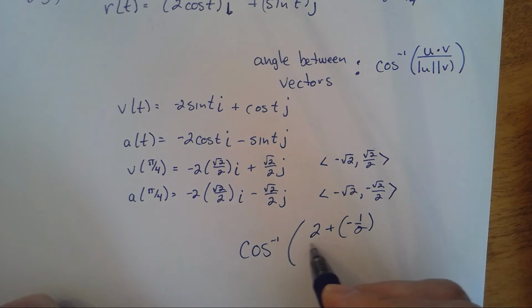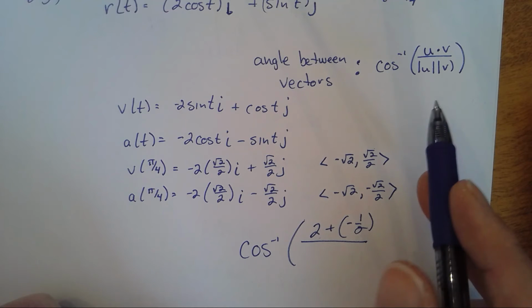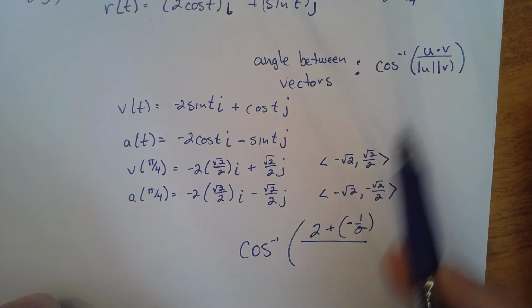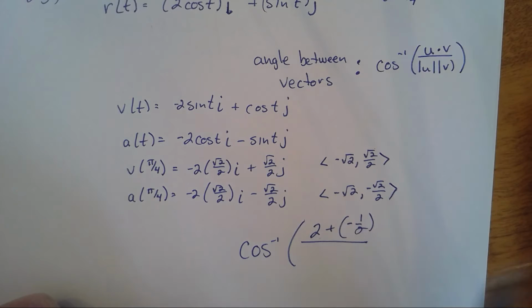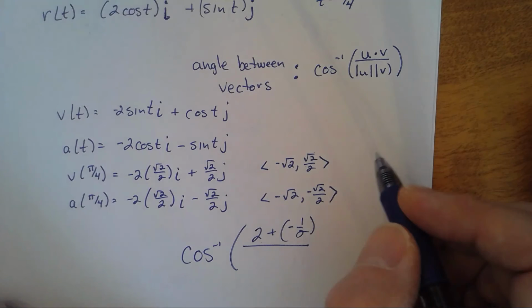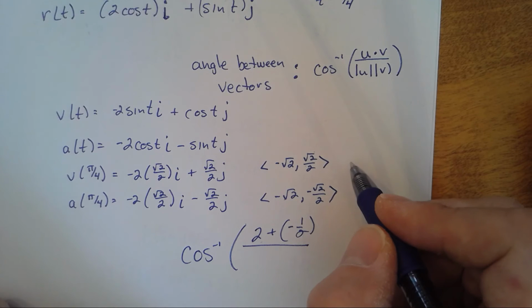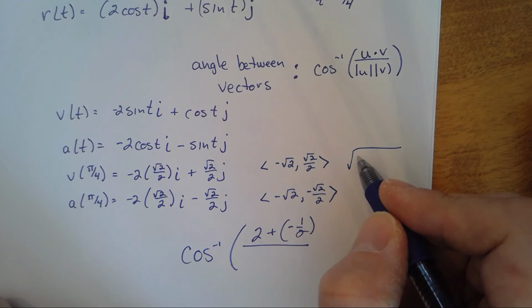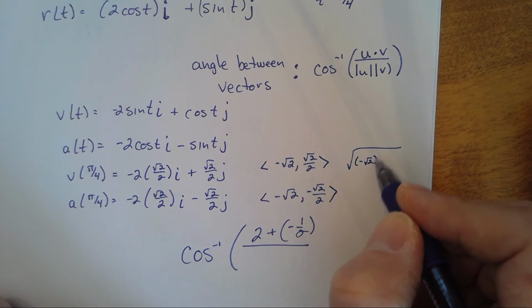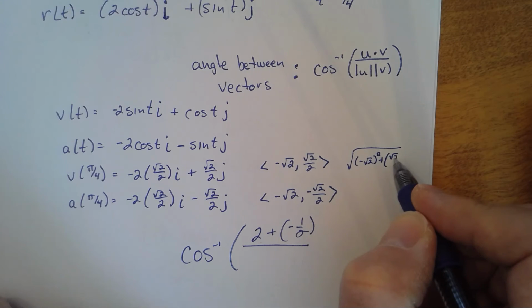So 2 minus 1/2 on top, and u magnitude, v magnitude, so the square root of negative square root of 2 squared plus square root of 2 over 2 squared.